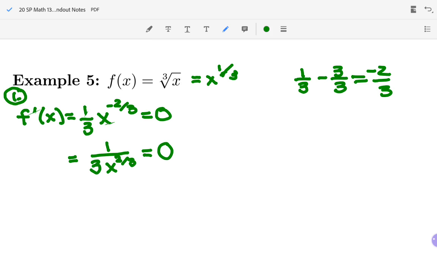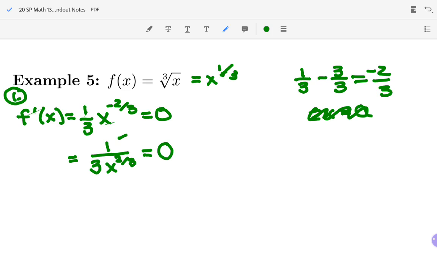Our other method would be if it looked like a linear function, something like 2x is your derivative like we saw before. That's just a linear function. It has a slope. It could be 2x plus 8. We would still just subtract the 8, divide by 2. So we'd isolate the x if it was a linear function, or if it's a negative exponent, we put negative exponents in the denominator. Those are three methods from algebra that we use to find critical numbers.